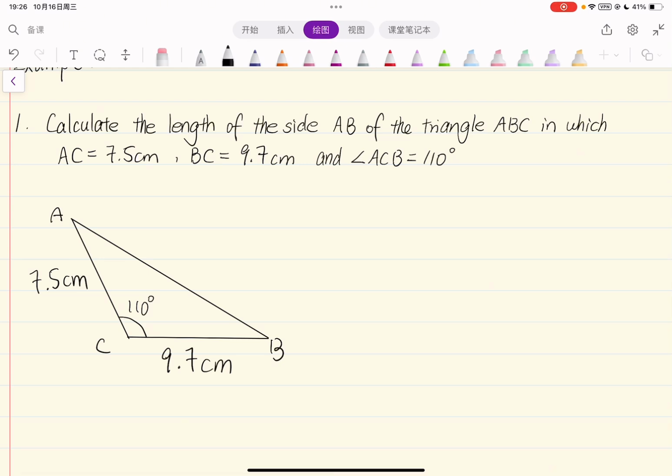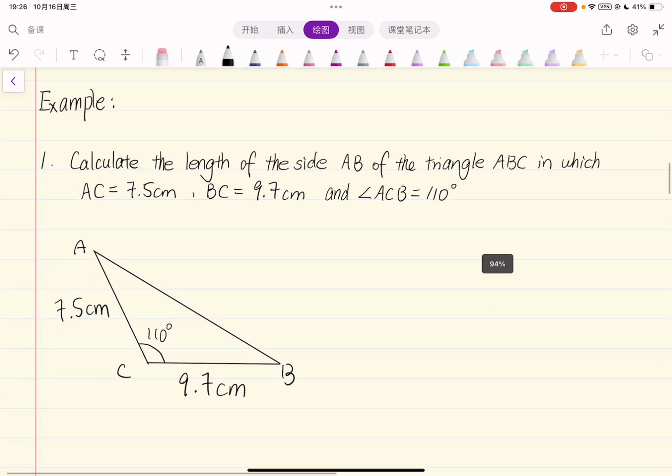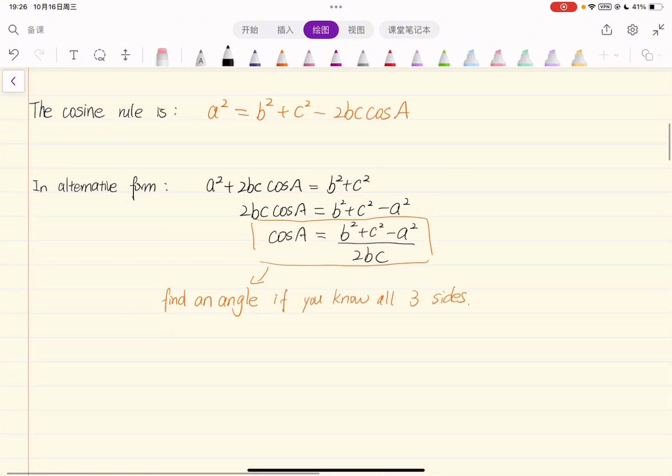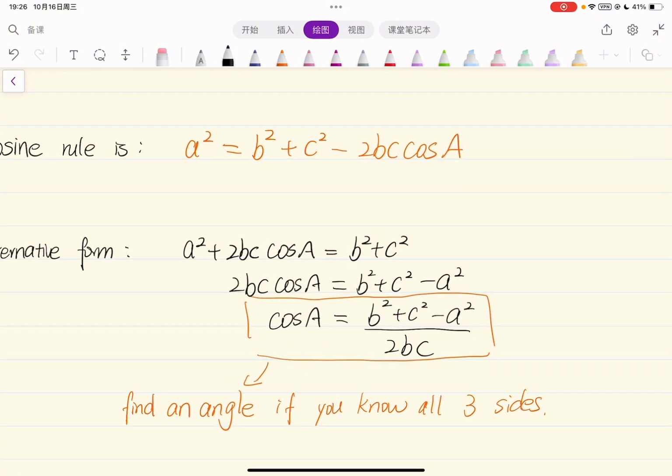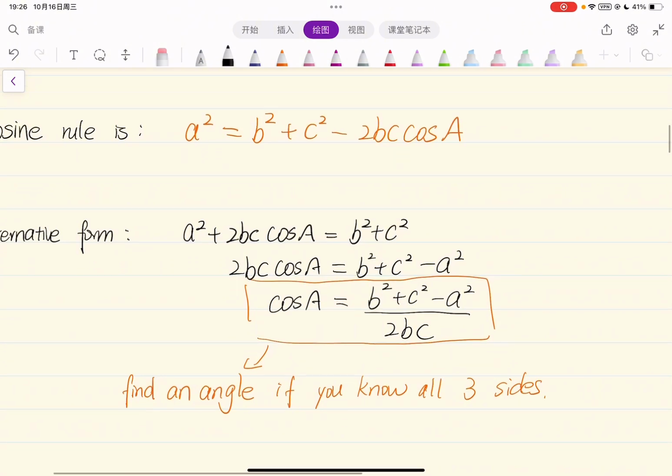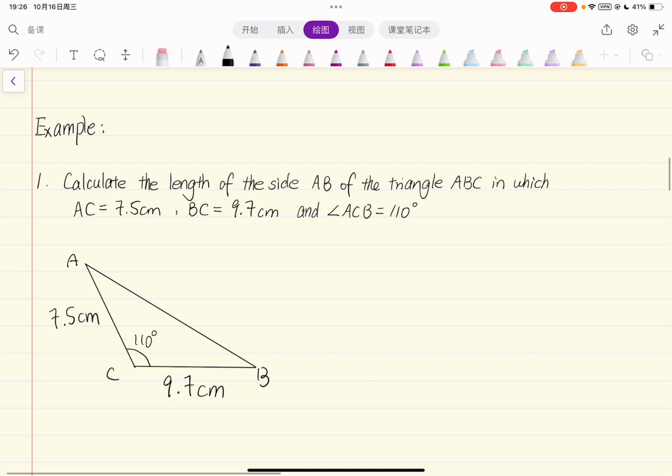So we use the cosine rule, that is a squared equals b squared plus c squared minus 2bc cosine A. Remember that b and c are the sides we know, and the angle A is the angle between b and c. So in here, b is 7.5, c is 9.7, and the angle A in the formula is 110 degrees.